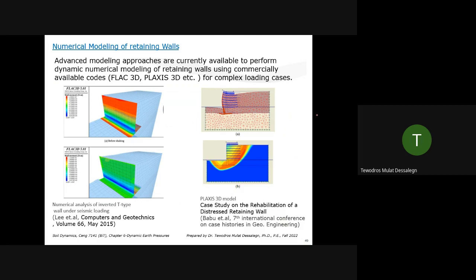We have tools nowadays. They do better than the pseudostatic hand calculation. Hand calculation is easier, but in some cases it's difficult to choose what acceleration value. And even if you pick a much larger acceleration for design, it may not be economical. So it's better to use better tools.